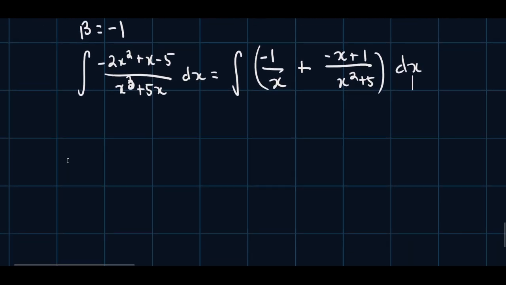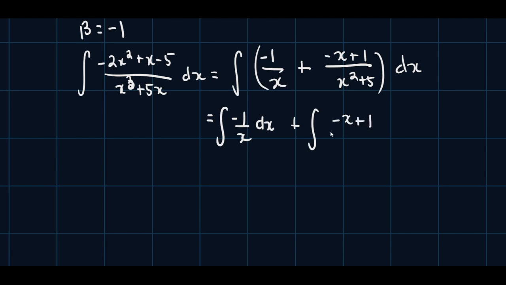Again, apply linearity or yung property ng integral na pwede natin paghiwa-hiwalayin. So, negative 1 over x dx plus integral ng negative x plus 1 all over x squared plus 5 dx.